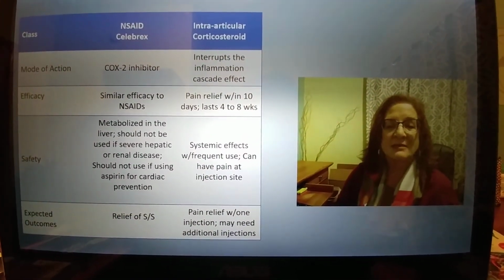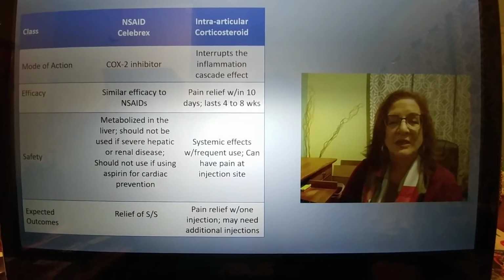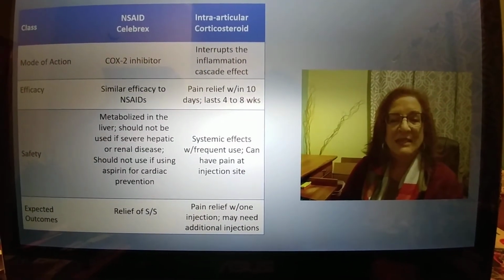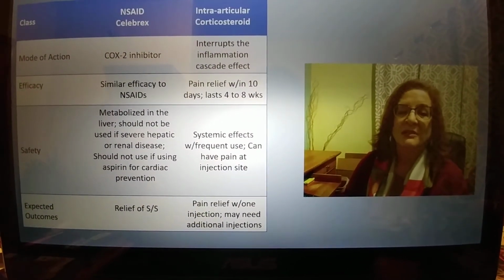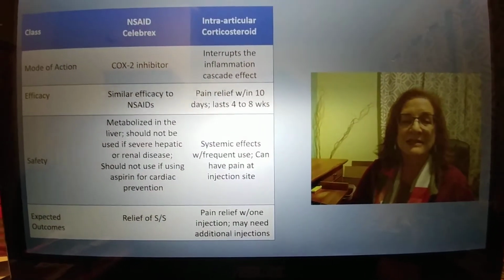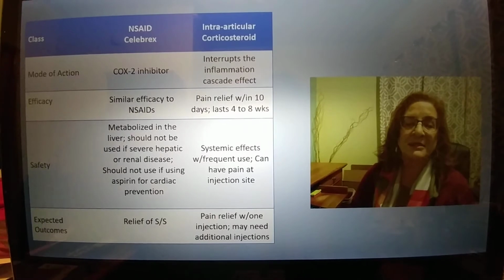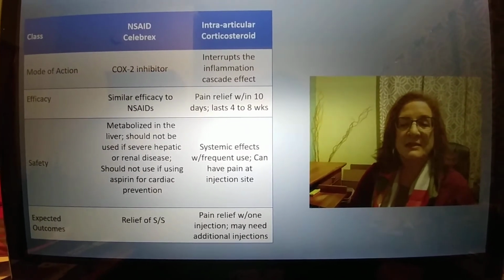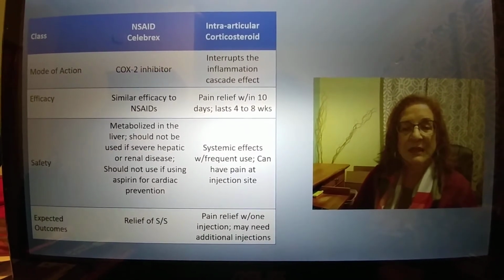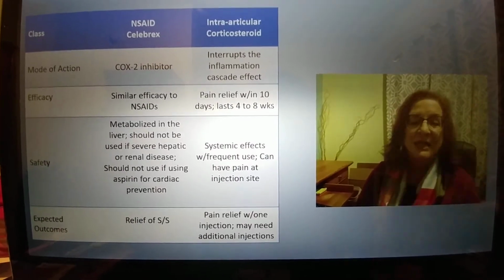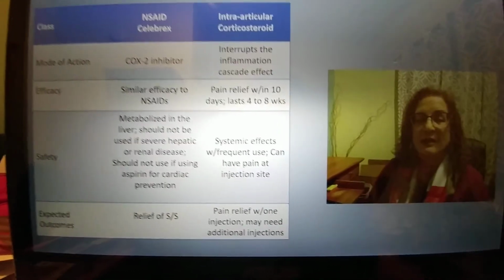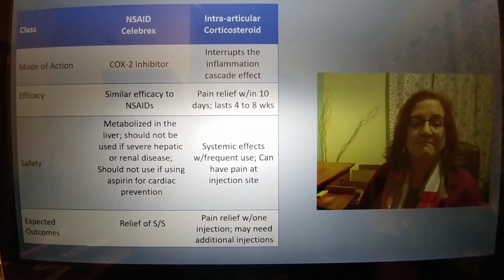With the corticosteroids, it provides anti-inflammatory and immunosuppressive results by interrupting the cascade effect. Vascular permeability is decreased and prevents the development and release of prostaglandins and leukotrienes, which are inflammatory mediators.